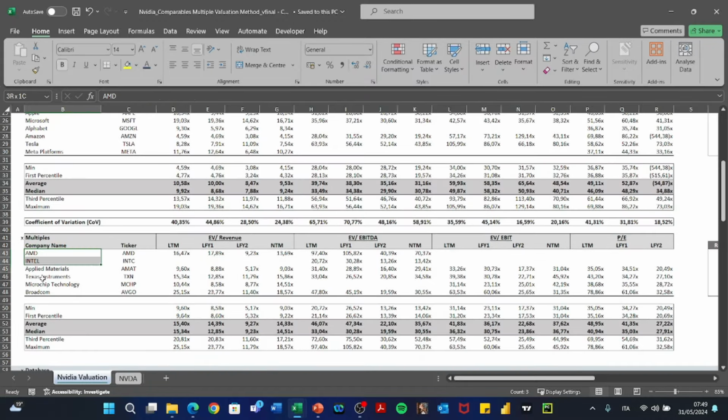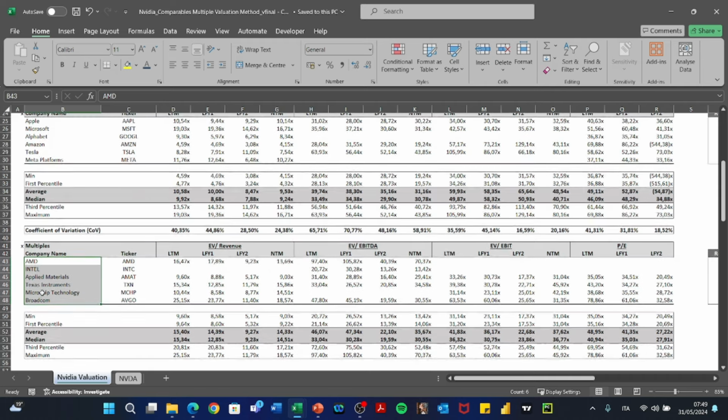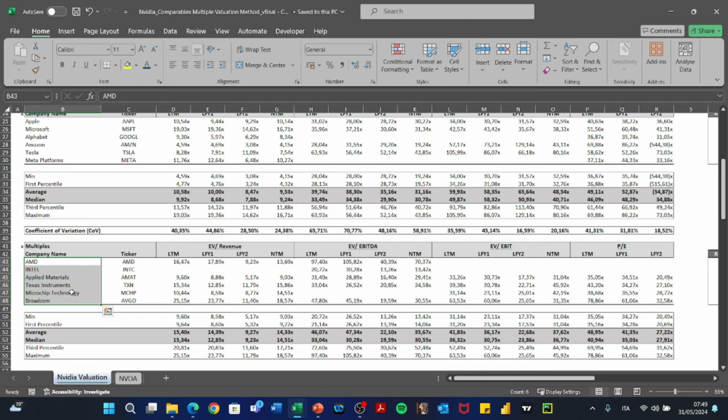And the second panel is made of business-related comparables to Nvidia, like Intel, AMD, Broadcom.